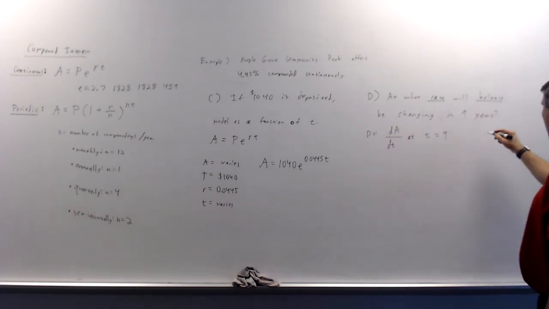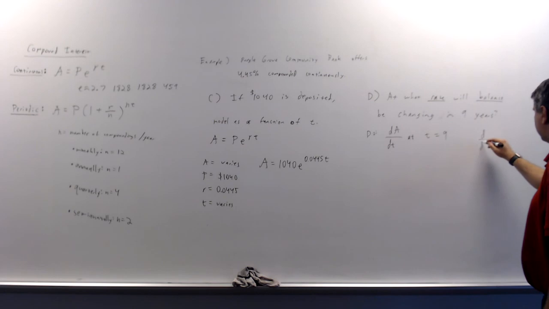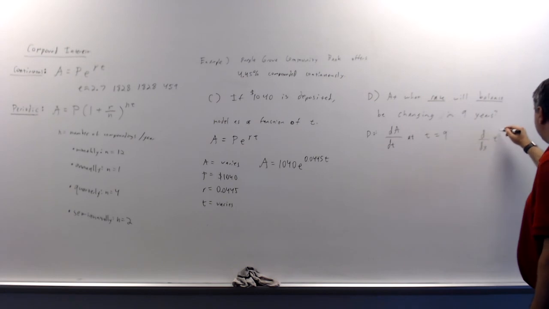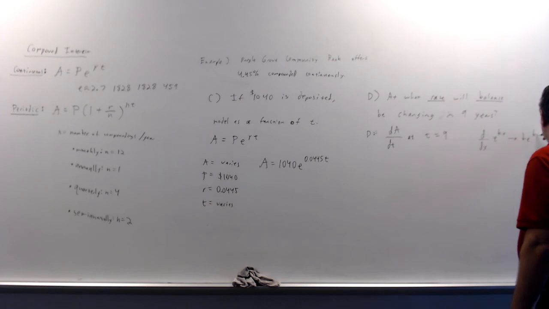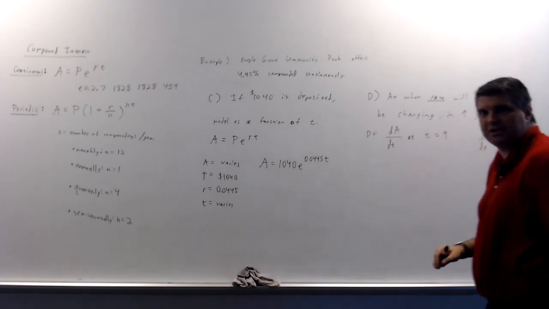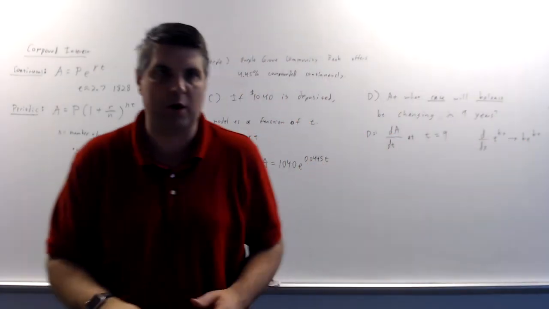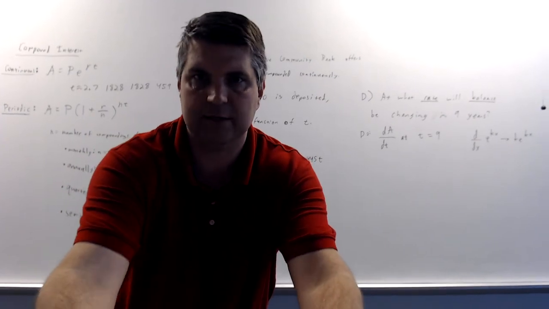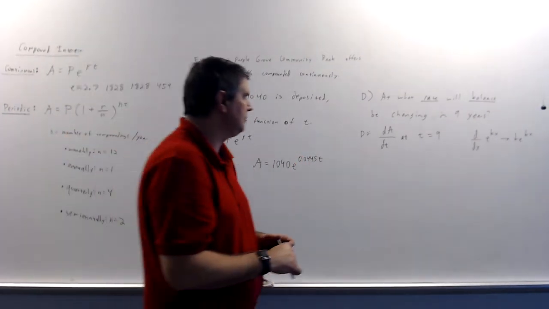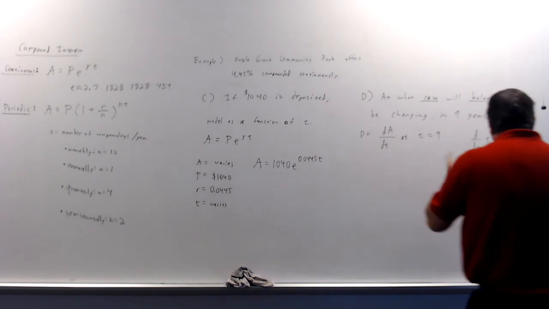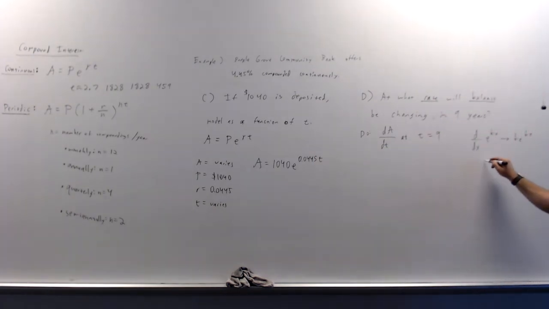Recall that d/dx of e to the kx is k e to the kx. Okay, that's a differentiation rule, an important one. You should memorize it. So for instance, e to the 1.4x would become 1.4 e to the 1.4x. Okay, that's a review.